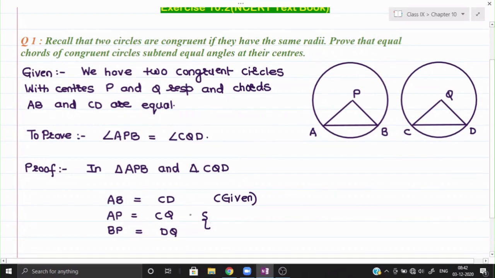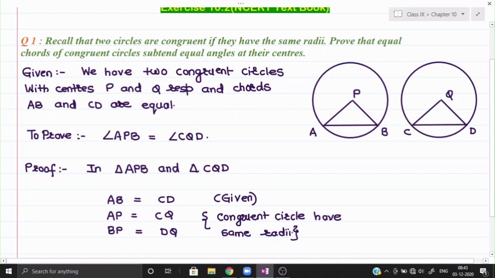So here we shall mention congruent circles have same radii. Therefore AP and CQ will be equal and BP and DQ will also be equal.